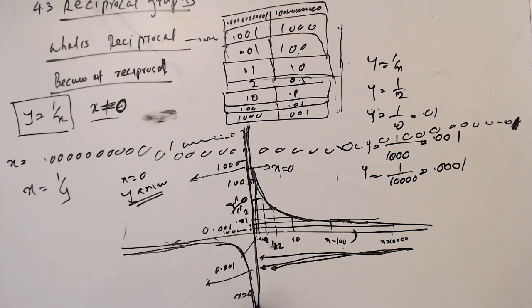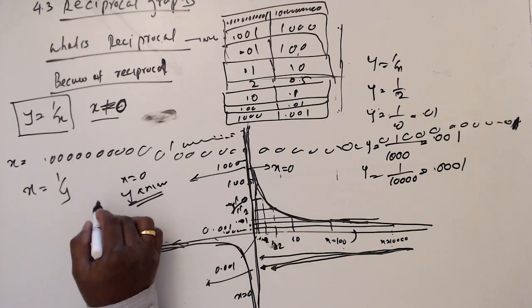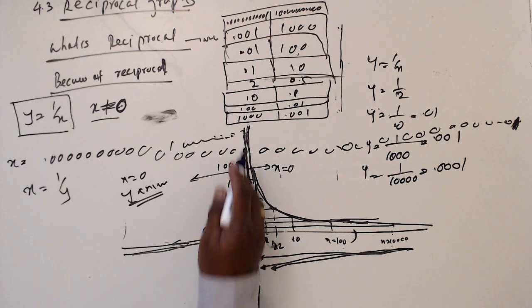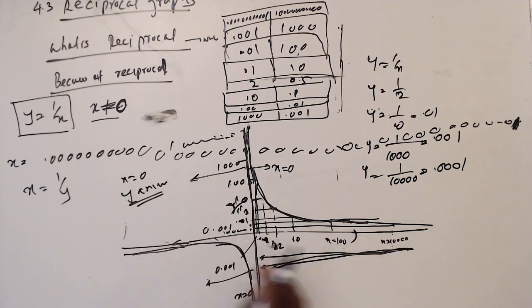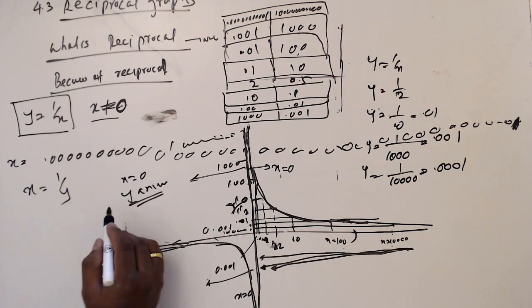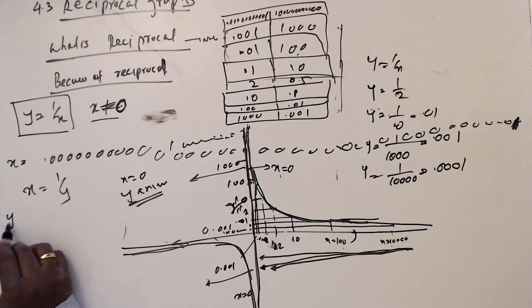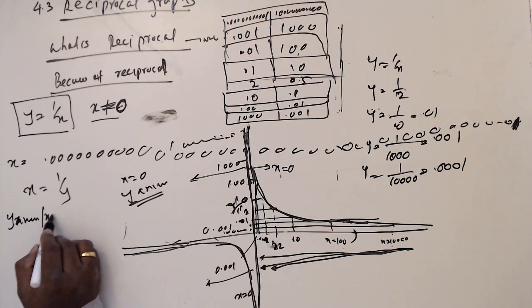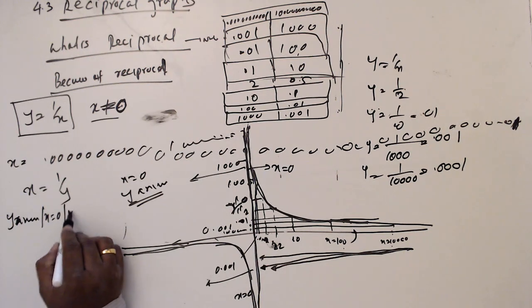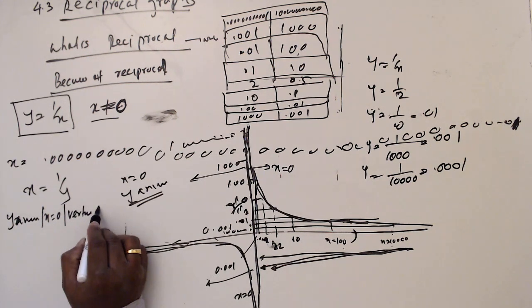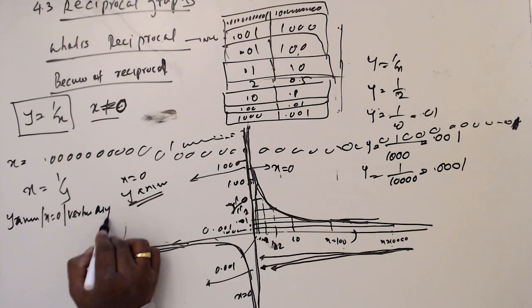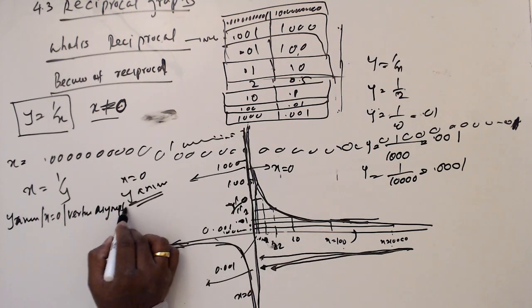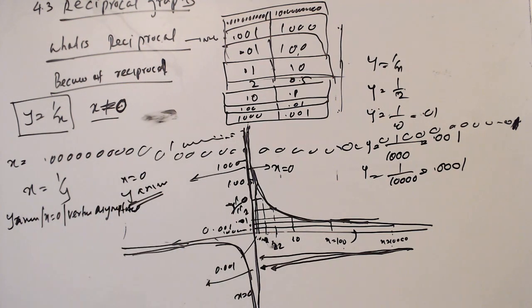It is vertical like this. So the y-axis, or the x equals 0 line, is called a vertical asymptote.